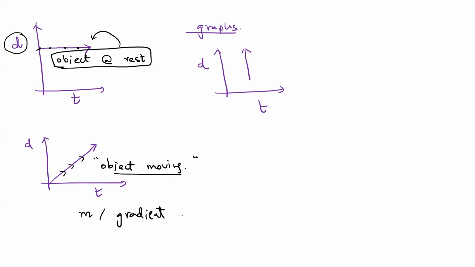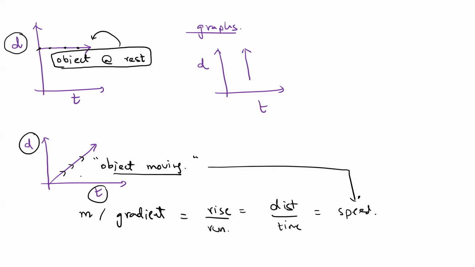Gradient is basically rise over run. Rise is distance, the y-axis, and run is time. So what's the ratio of distance upon time? Isn't it speed? So the gradient here shows the speed.